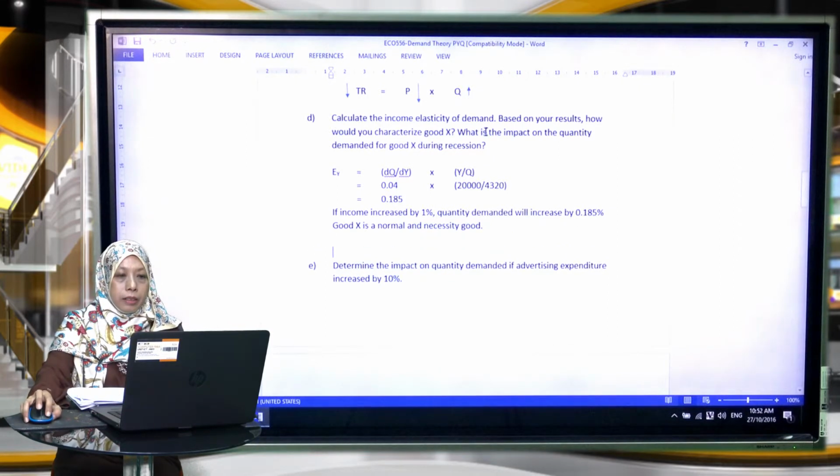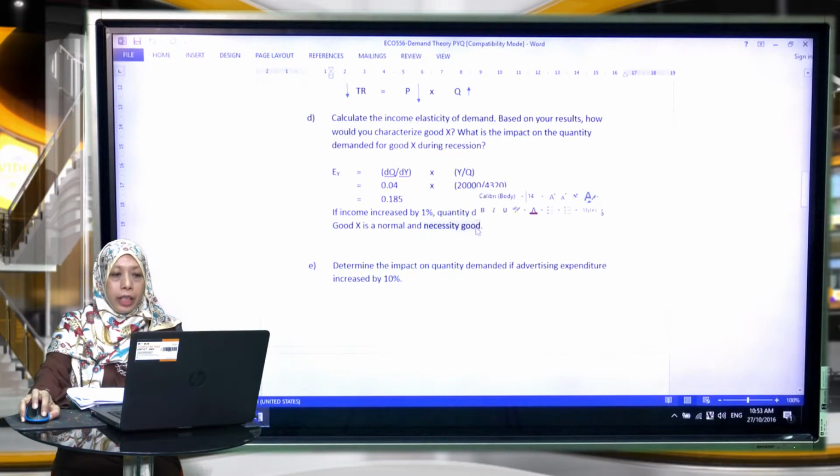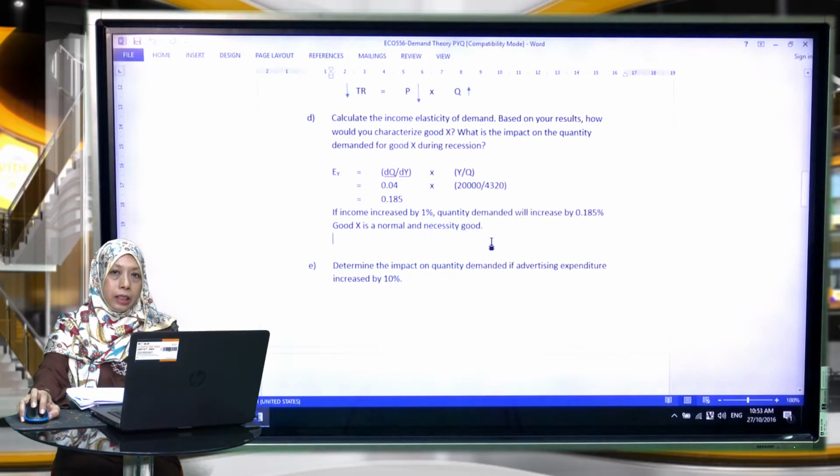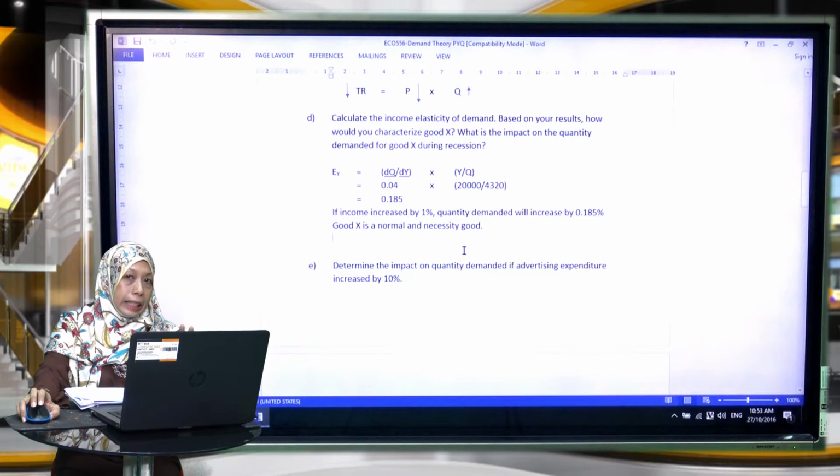And then the question also wants to know what is the impact on the quantity demanded for good X during a recession. Now you know that your product is a necessity good, and when we talk about necessity goods, that means consumers will always consume it no matter what happens. So the consumption isn't affected that much by income level, because consumers need to survive on this good.